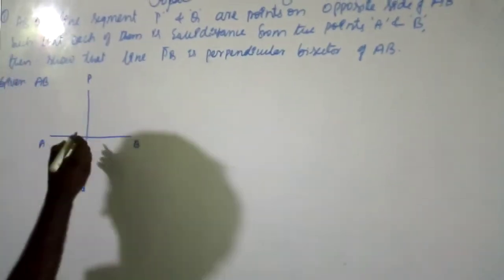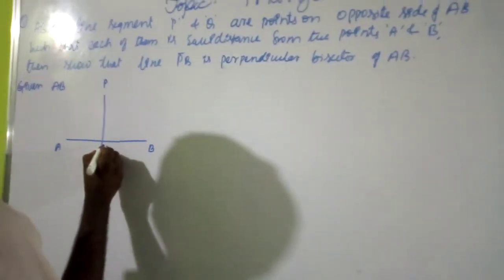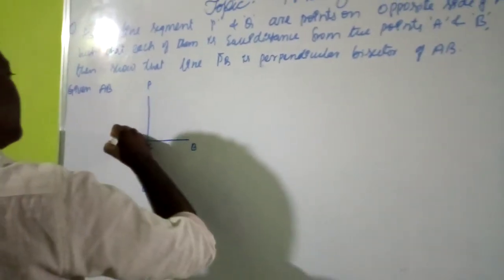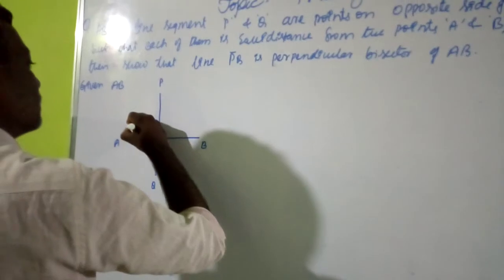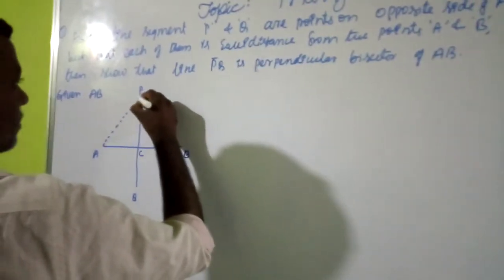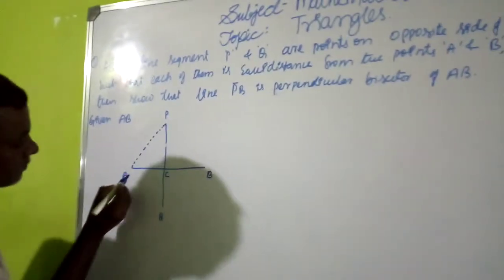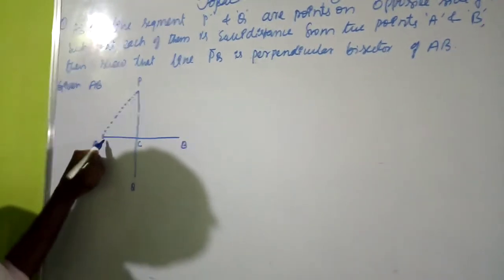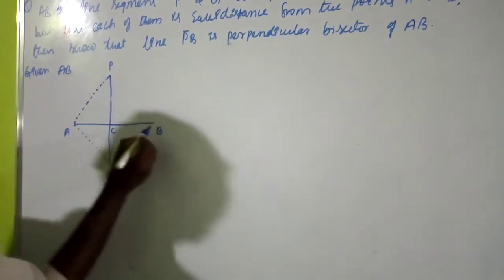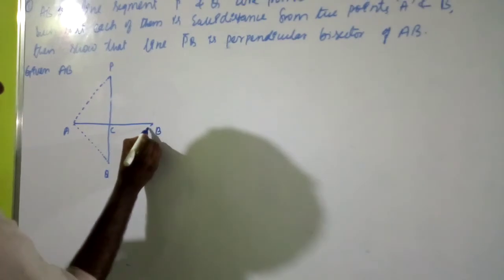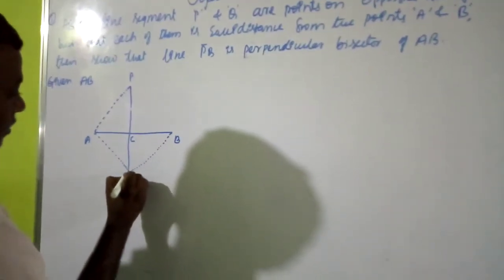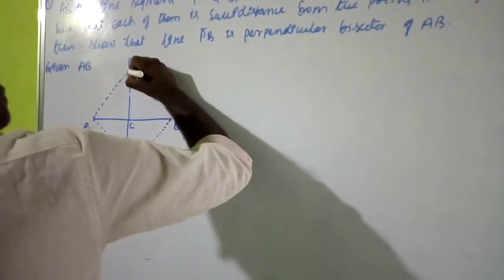Okay, so where it is meeting AB, that one you can call as C, then join AP. Here also you can join this from both the sides, BQ, and this one also you can join here.